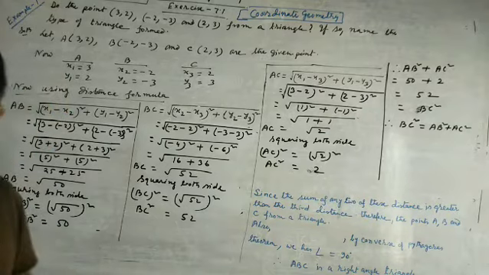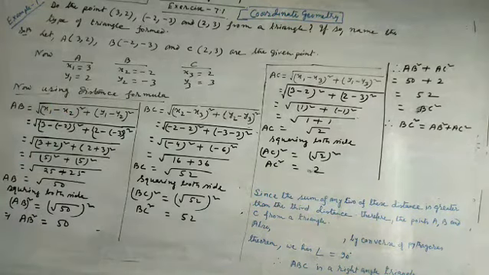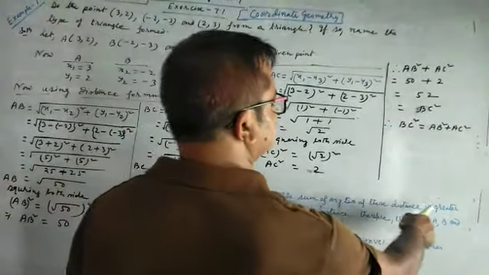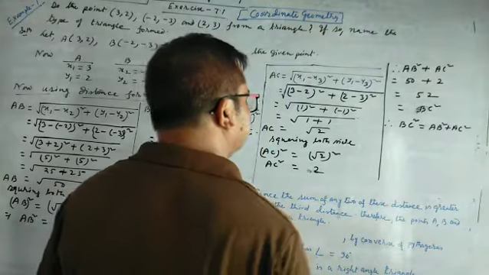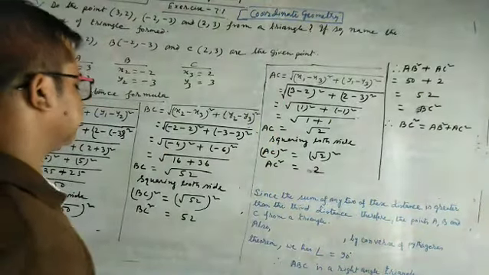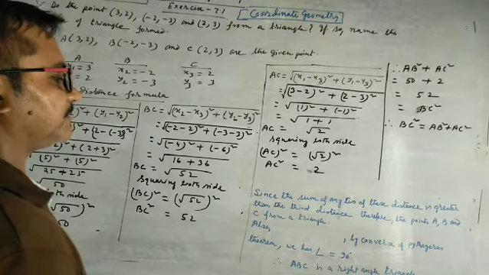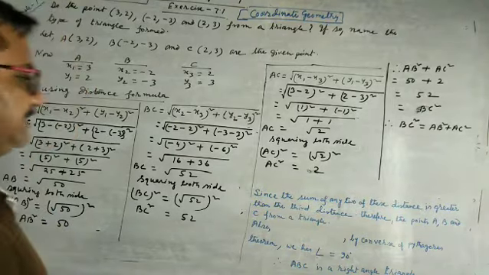Since the sum of any two of these distances is greater than the third distance, the points A, B, C form a triangle.